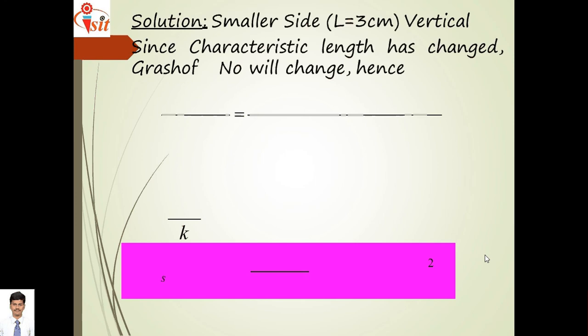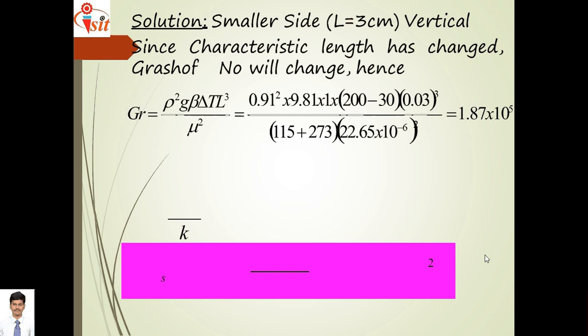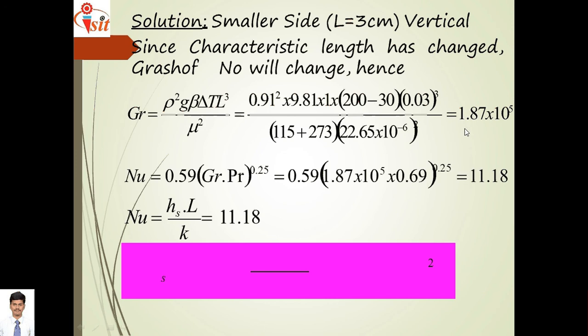If heat transfer takes place from the lower side, that is L is equal to 3 centimeter, its characteristic length will change and Grashof number will also change here, that is 1.87 into 10 raised to 5. So Nusselt number is equal to 0.59 (Grashof into Prandtl) raised to 0.25, so Nusselt number is equal to 11.18.